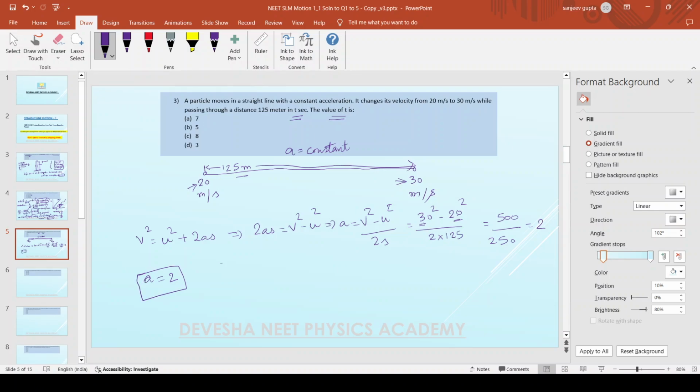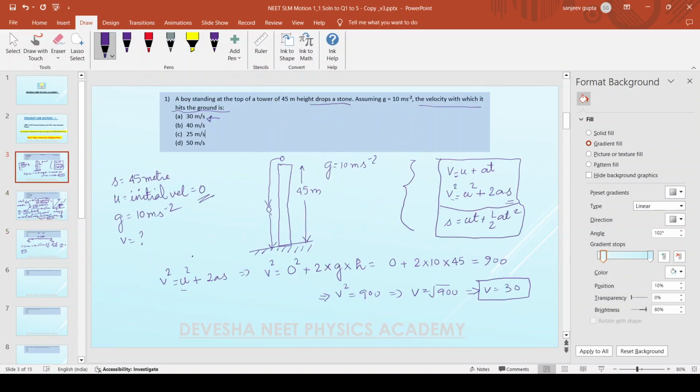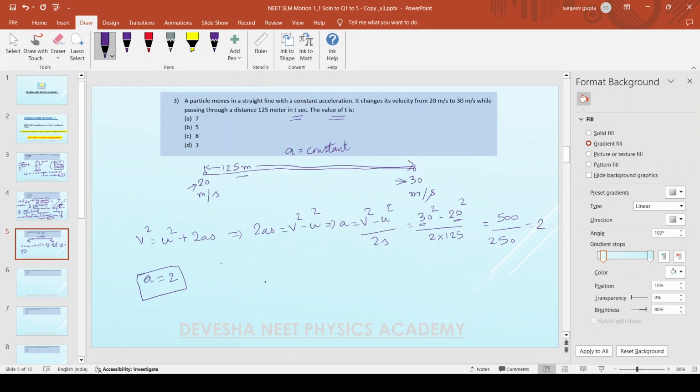Now, having known this, we can apply it to this formula in order to get t. So coming back, we know v is equal to u plus at, right? So t is equal to v minus u divided by a.